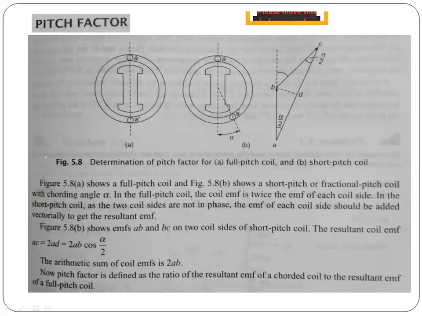That means it is the angle by which it falls short of 180 degrees. In the full pitch coil, the coil EMF is twice the EMF of each coil side. In the short pitch coil, as the two coil sides are not in phase, the EMF of each coil side should be added vectorially to get the resultant EMF.